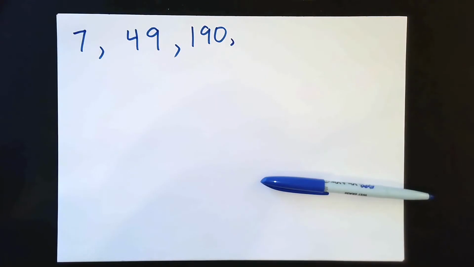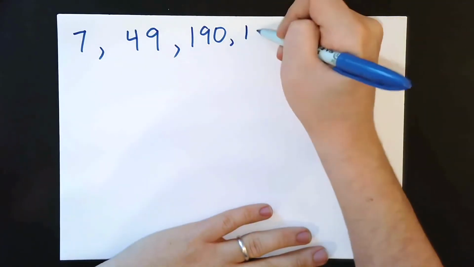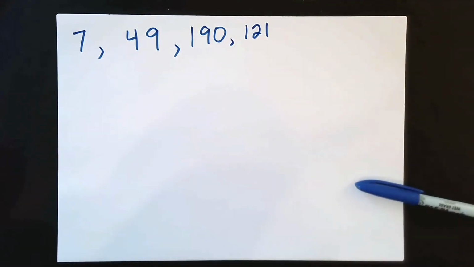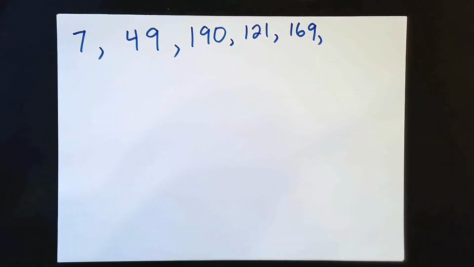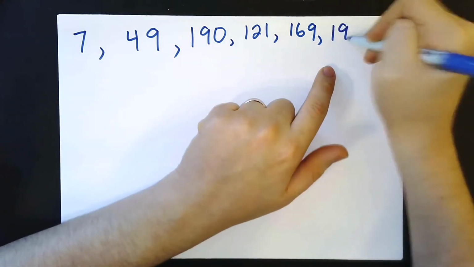Next, I calculate 190 squared mod 201. And when I do that, I get 121. So then I calculate 121 squared mod 201. I get 169. And then I calculate 169 squared mod 201. And I get 19.